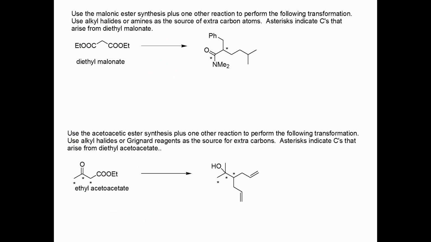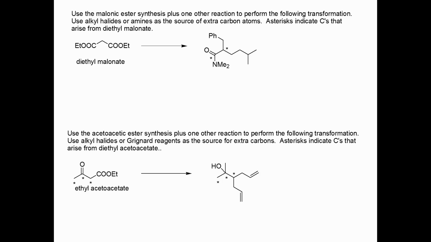Okay. All right. So here's a couple of other organic synthesis problems based on the malonic ester and acetoacetic ester synthesis. We're going to go through them one at a time, but the first one involves turning diethyl malonate into that amide, and recognize that carboxylic acids are the product of the malonic ester synthesis. But we know how to turn carboxylic acids into amides.